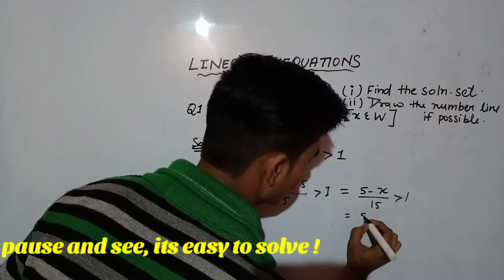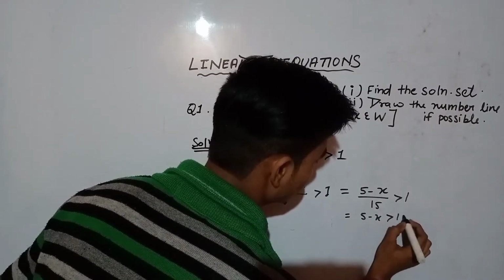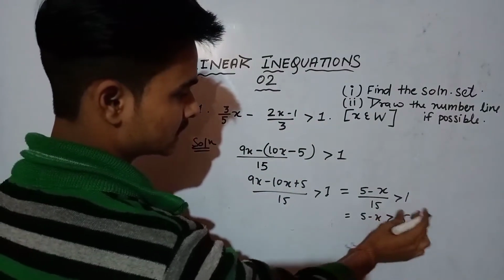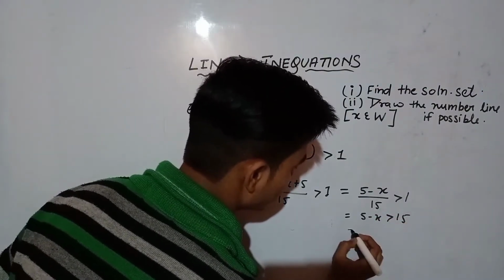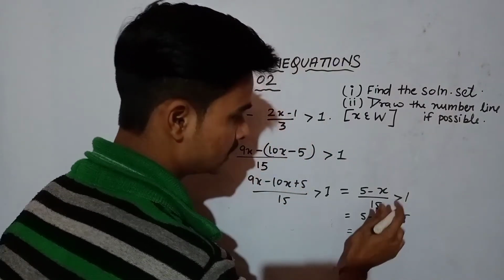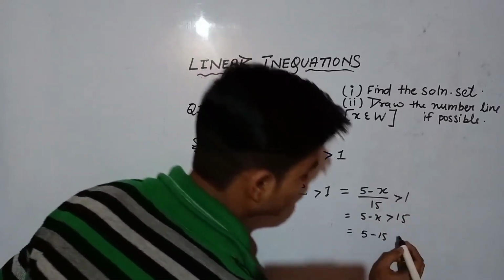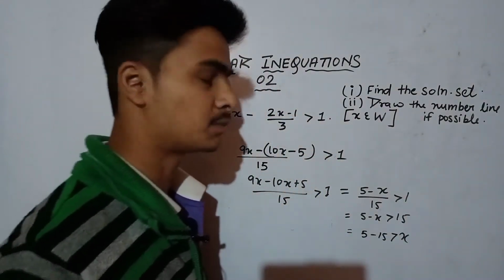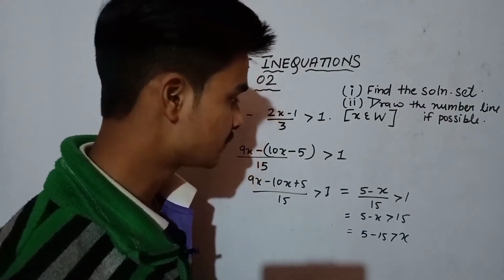That means 5 minus x will be greater than 15, and if I transpose this x to this side, 5 minus 15, I am bringing this 15 here and making this x go there, so there won't be any change in the sign because I am not multiplying or dividing by any negative number.